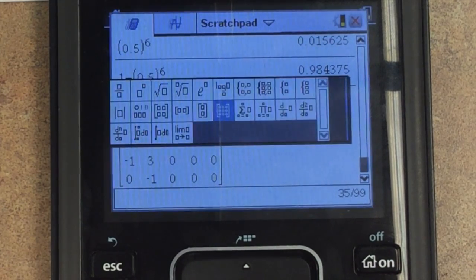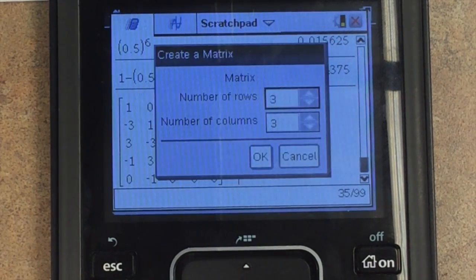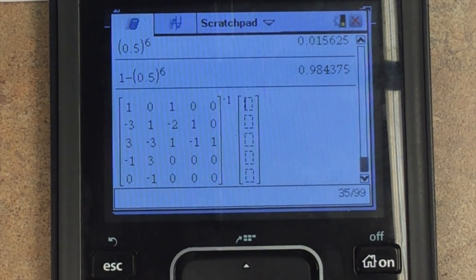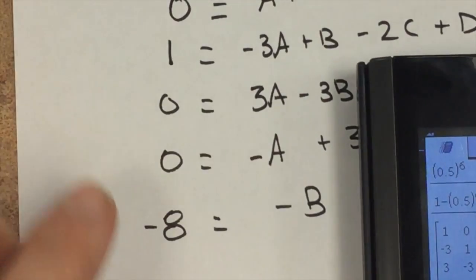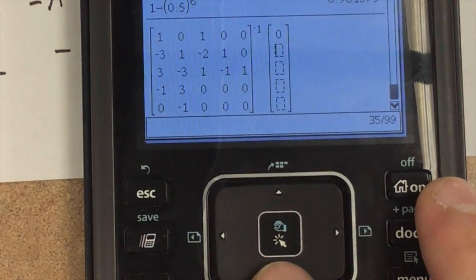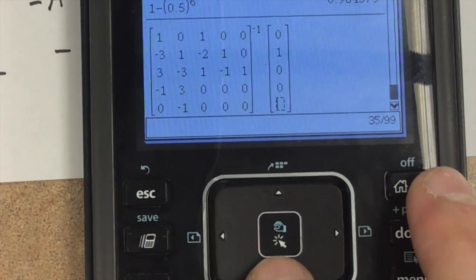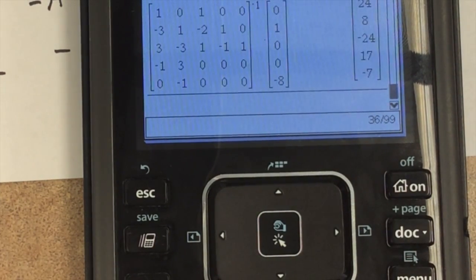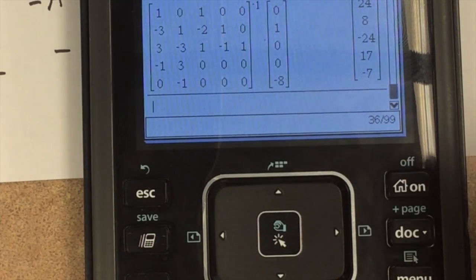I want to go to menu, hit enter, and I want a 5 rows by 1 column. So that's a 5 by 1. Now, we put in the coefficients here. So my coefficients here are 0, 1, 0, 0, negative 8.